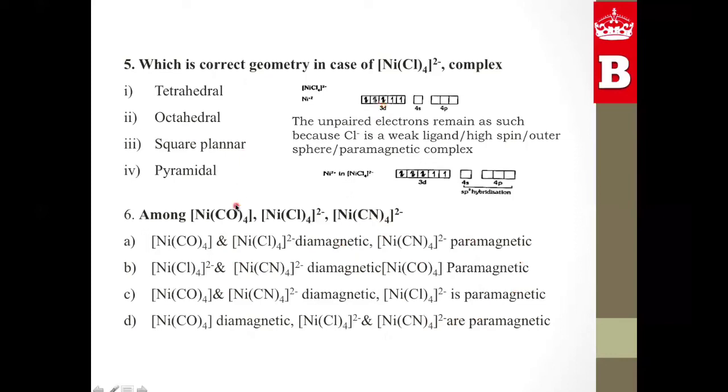So undoubtedly CO and CN are strong ligands, and due to the presence of strong ligands, these two will be inner, and inner are always diamagnetic. That means CO and CN are diamagnetic. So option C is the correct one. And all the weak ligands can form high spin complexes, which are outer sphere complexes, and outer sphere complexes are commonly paramagnetic.